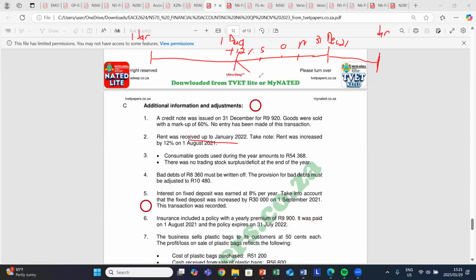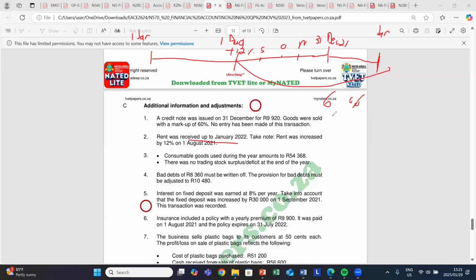Let's calculate it. August, September, October, November, December, January, 6 months. Meaning you receive that increase of 12% for how many months? For 6 months.